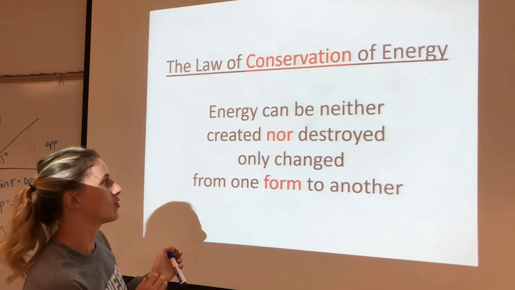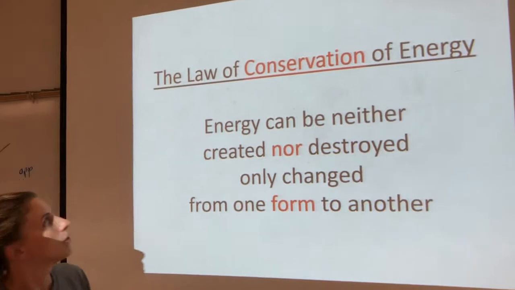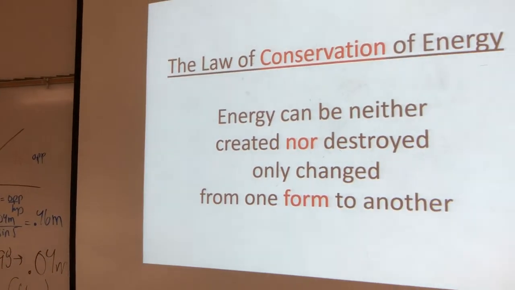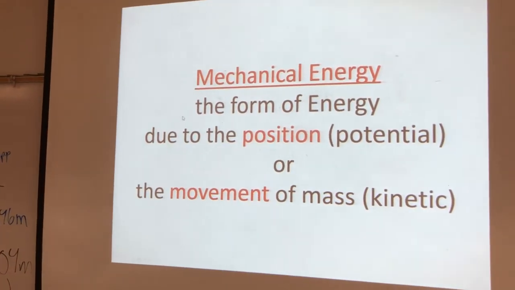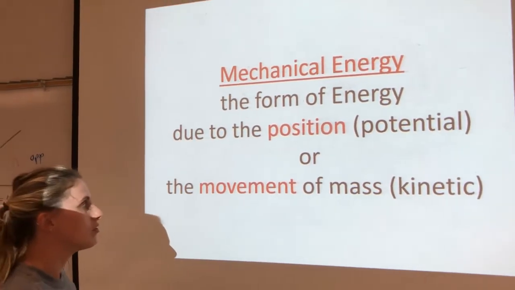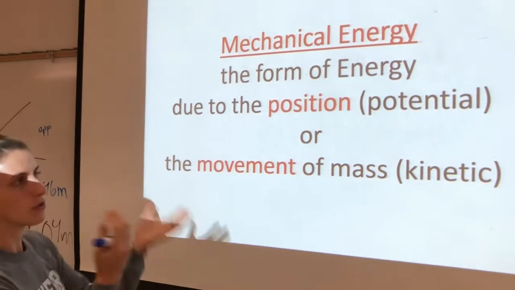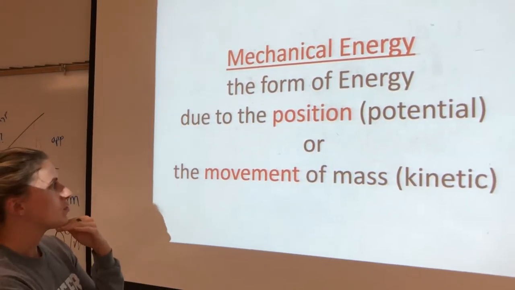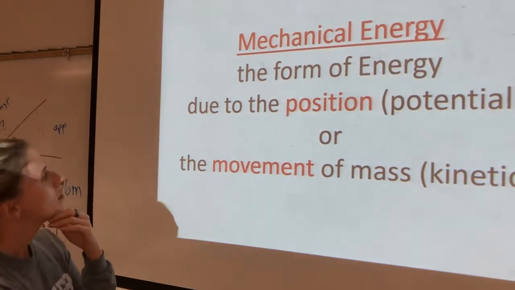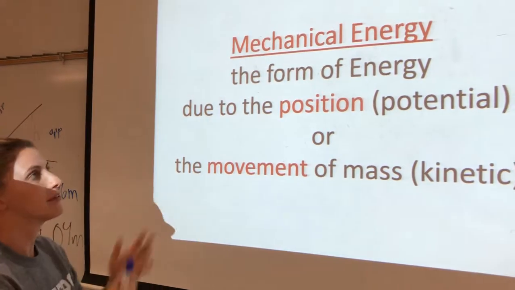Little reminder: energy cannot be created or destroyed, only change from one form to another. Mechanical energy is the form of energy due to the position, potential, or the movement of mass: kinetic energy and potential energy. They added together have to equal the sum of whatever they're supposed to be.